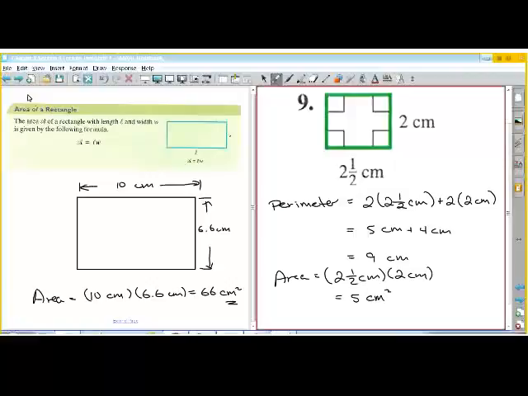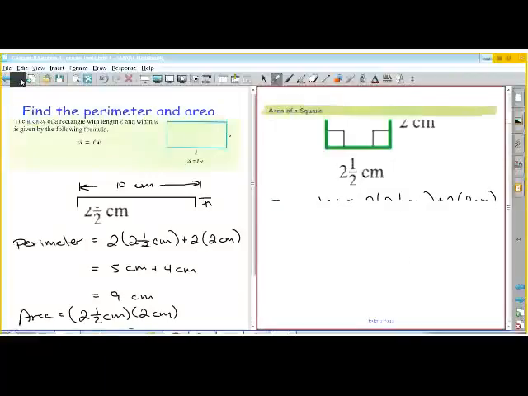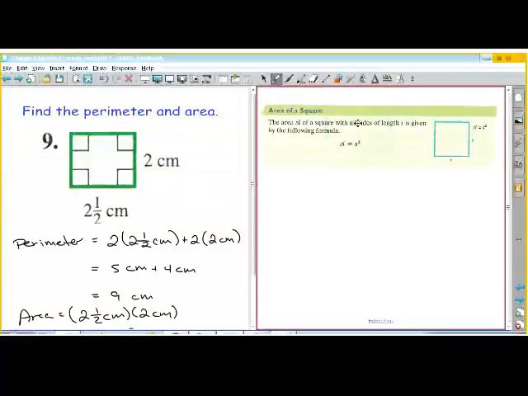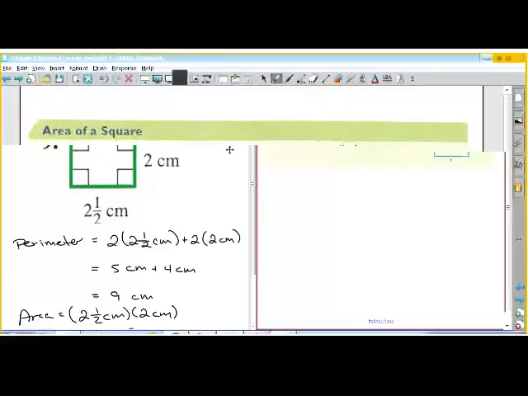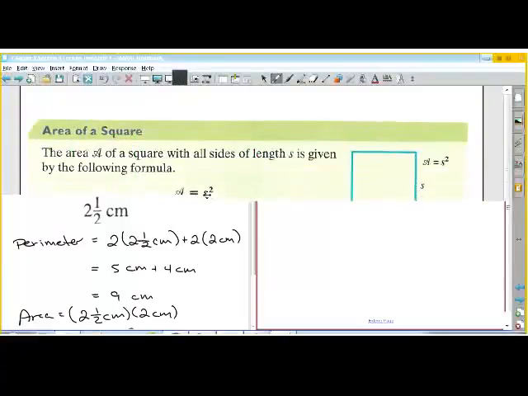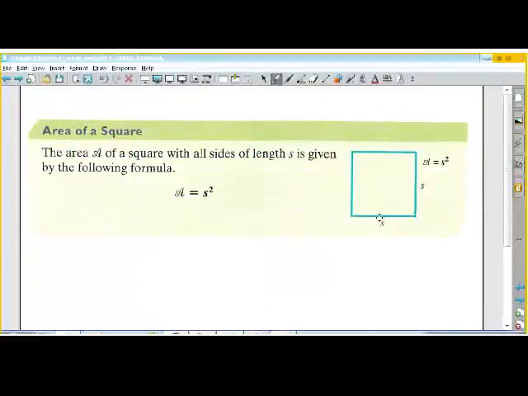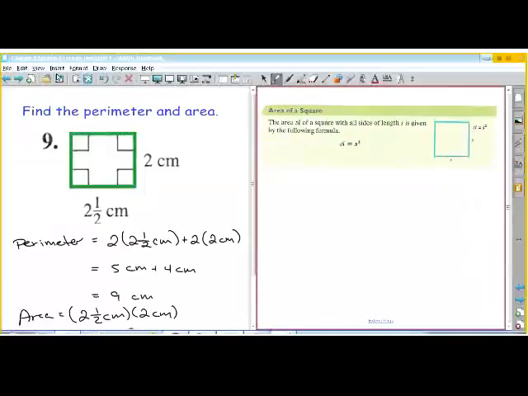It's area, so we have to make sure it's centimeters squared. A square is just a rectangle with the two sides equal to each other. For a rectangle, the area was the length times the width, but because L and W are the same, you just multiply the two together and you get S squared.